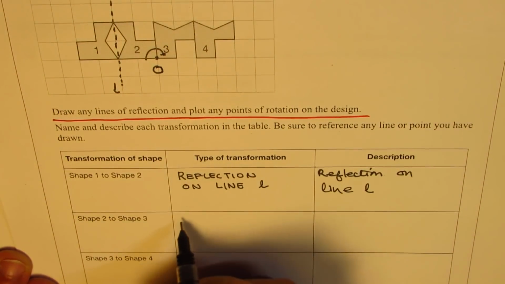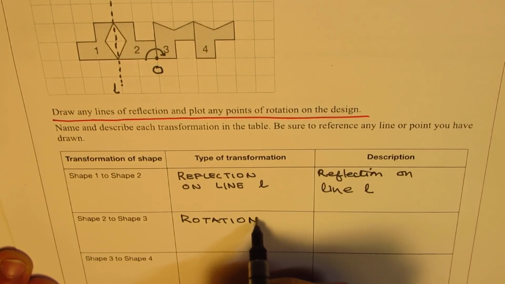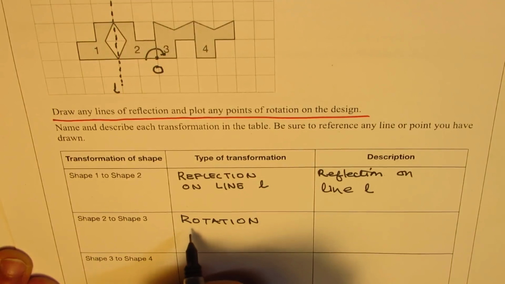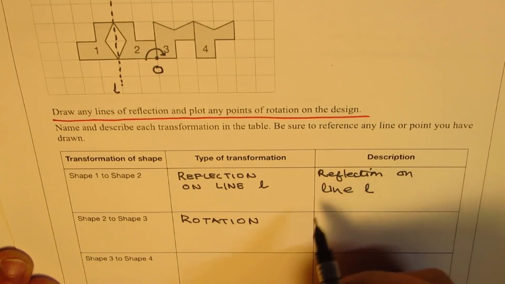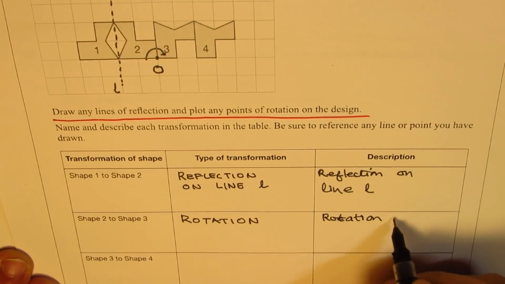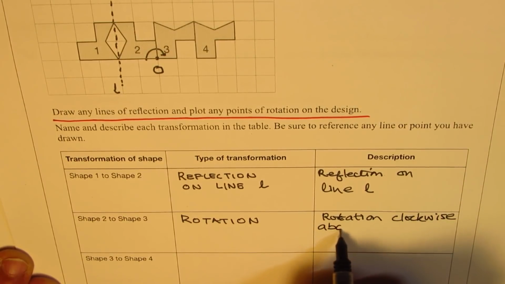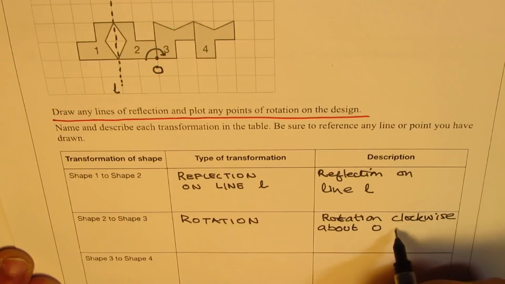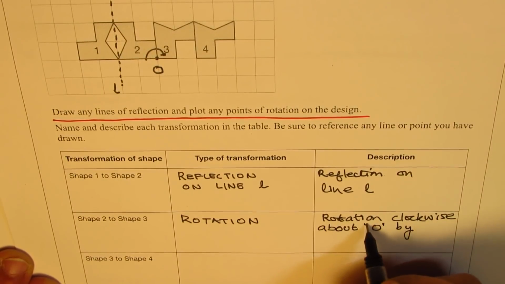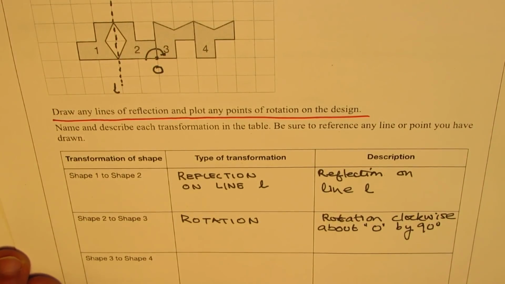We can write this as a rotation, and this direction is clockwise. So we can say rotation clockwise about O by 90 degrees, right? That is a 90 degrees rotation which takes place. You could write rotation 90 degrees clockwise about O. You could write like that also.